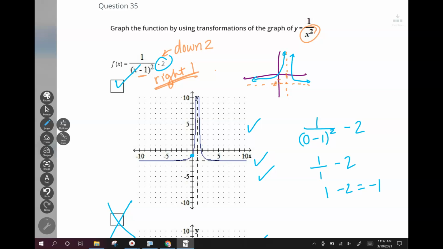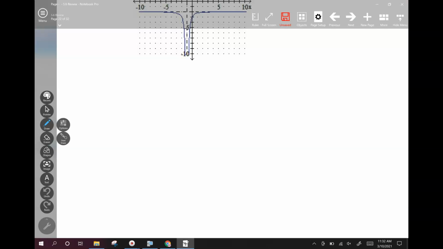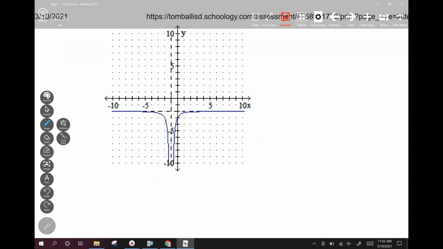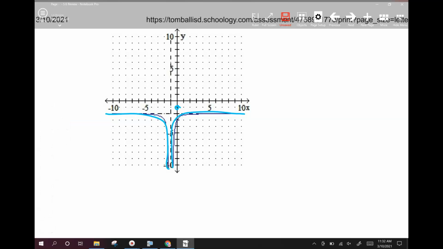Let's look at option D though, since I couldn't see it, and just make sure that that's not the answer. All right, I can automatically tell this is not the answer because my curves are in the bottom. Also, my y-intercept is not at negative 1. And my vertical asymptote was supposed to be at positive 1.